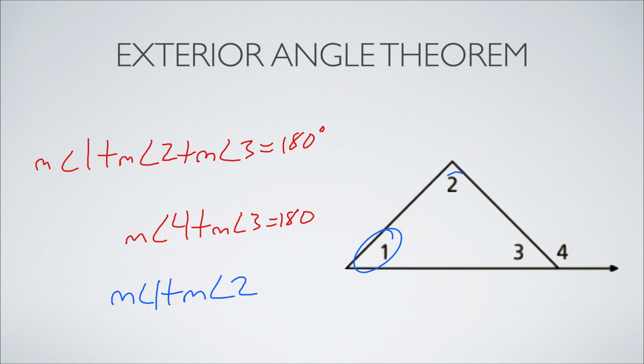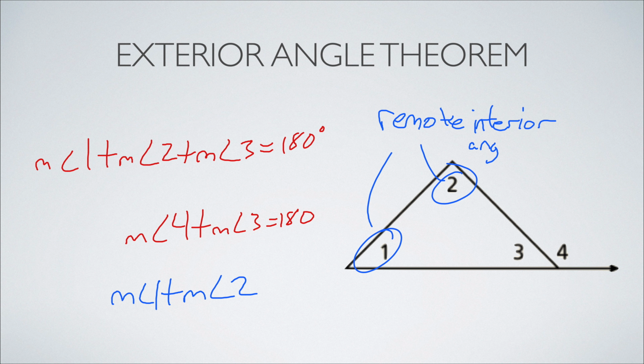These, by the way, are called remote interior angles, is going to be equal to the measure of angle 4, which is the exterior angle.